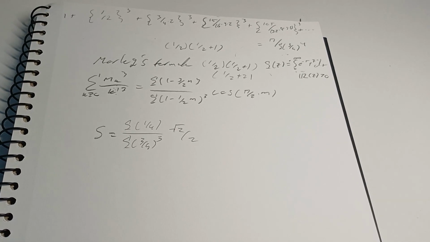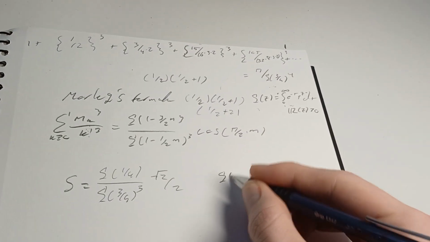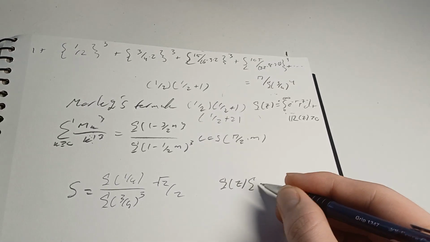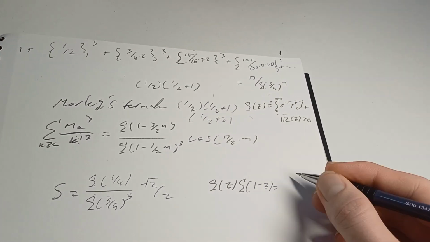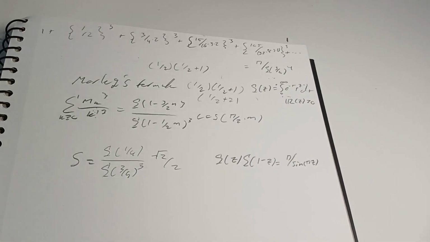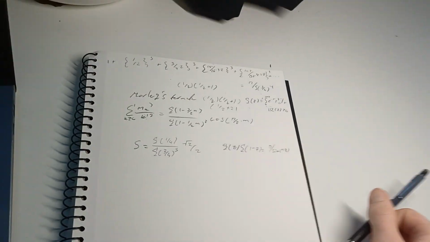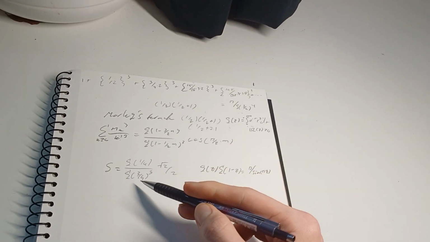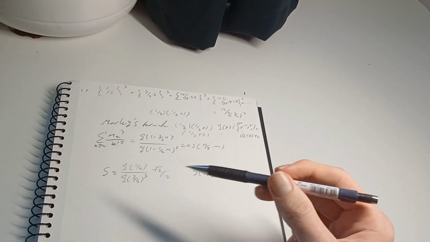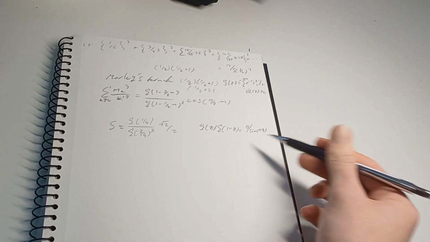Okay, so now we'll use the reflection formula, which is gamma of z times gamma of 1 minus z equals pi over sine of pi z. This is the reflection formula for the gamma function, and we'll multiply the denominator and the numerator by gamma of 3/4, and we'll get the final result.